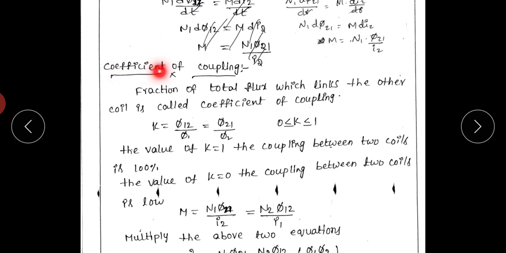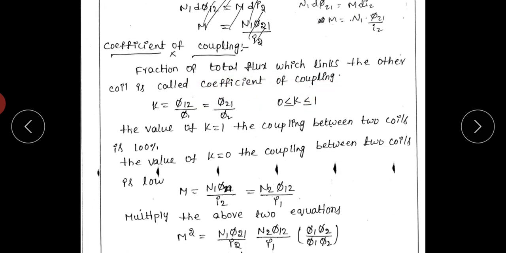So now the coefficient of coupling, represented by K. K value always lies between 0 and 1; K maximum value is 1, K minimum value is 0. The fraction of total flux which links with the other coil is called the coefficient of coupling.